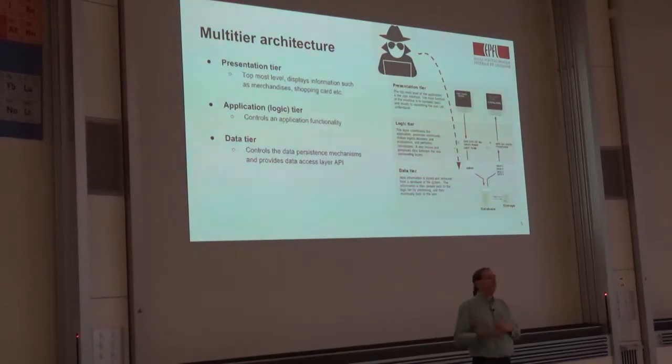Like, if we're talking about a company like IKEA that lets you order stuff online, this is where the logic will sit that determines how your shopping cart works: what it means to browse the inventory and put an item in the shopping cart and check out and stuff like that. That's typically the logic tier, which handles the actual business logic.